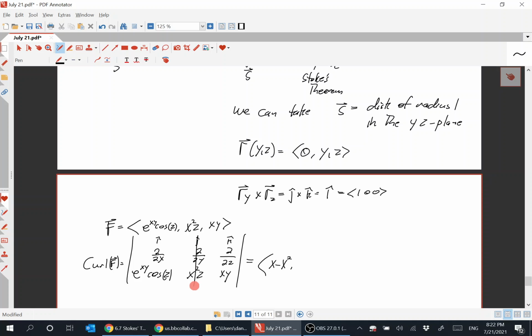The second is going to be the negative of y minus this with respect to z, so plus e to the xy sine z. And the k component is 2xz minus this with respect to y, so it's x e to the xy cosine z.